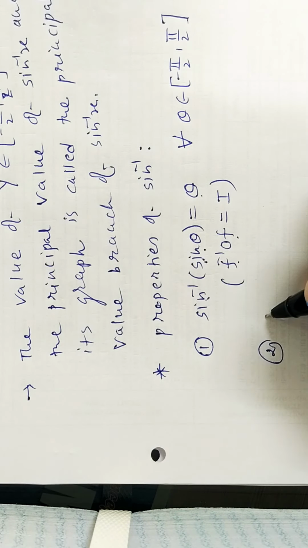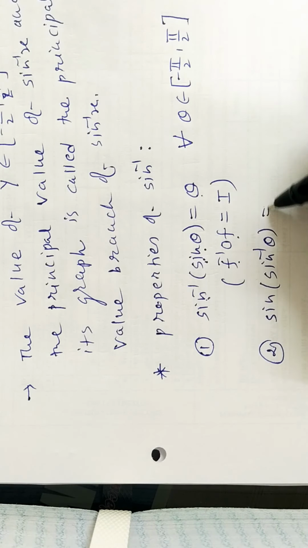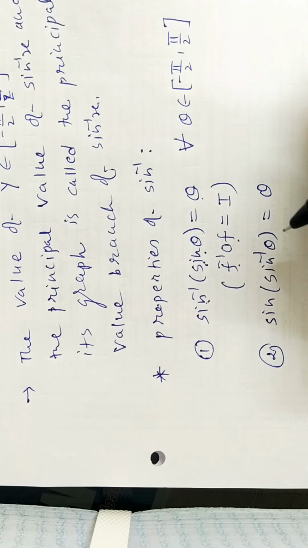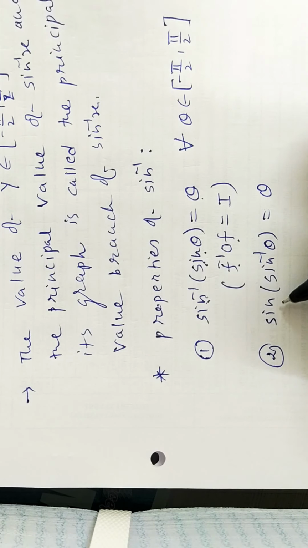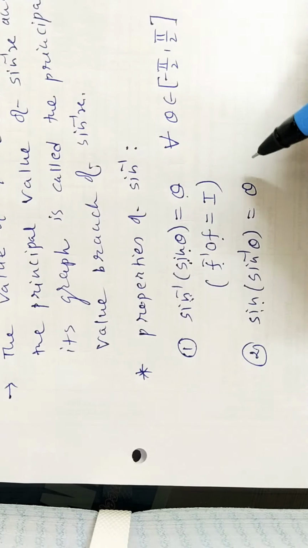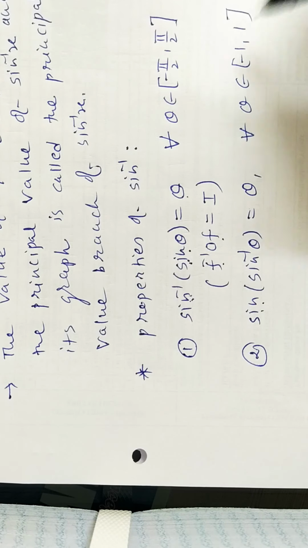Similarly, sine and sine inverse. What is the difference in these two examples? Here sine inverse is the outer function, and in this illustration sine is the outer function. Now we say composition of sine inverse and sine is equal to theta if theta belongs to minus pi by 2 to plus pi by 2.